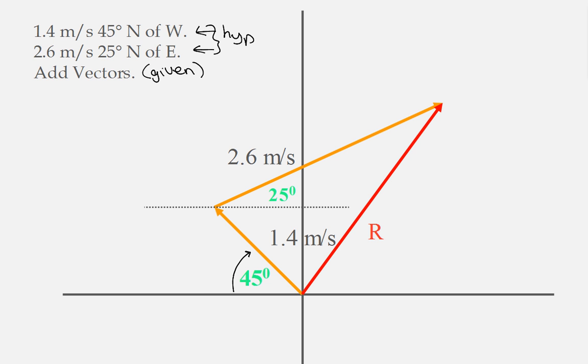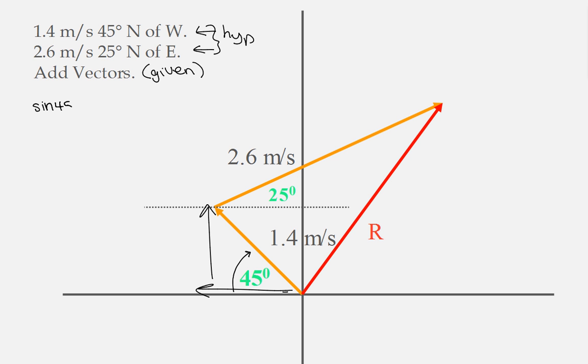What you're going to want to do, and I'd probably use a ruler for this, is draw the tail to tip components and then find those. So doing some trigonometry on that first triangle.